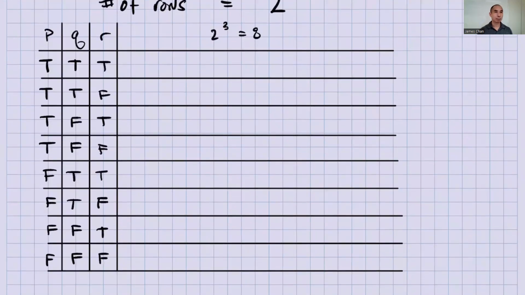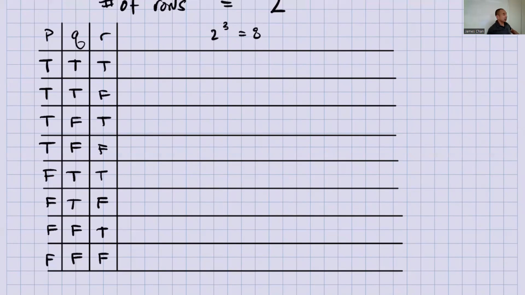I say be consistent with exactly this. Always start with trues, right?